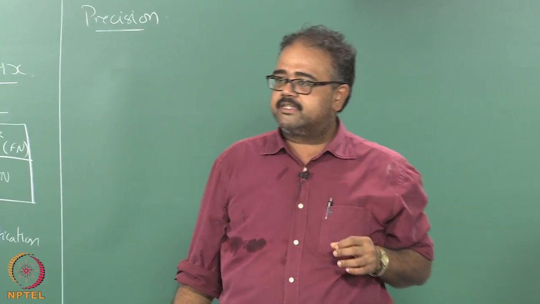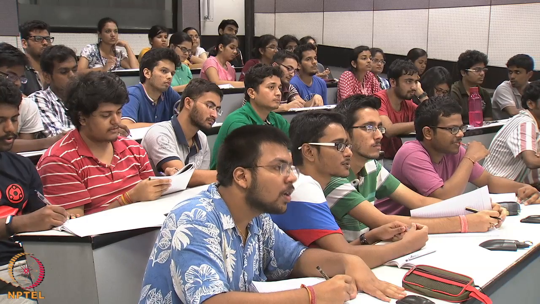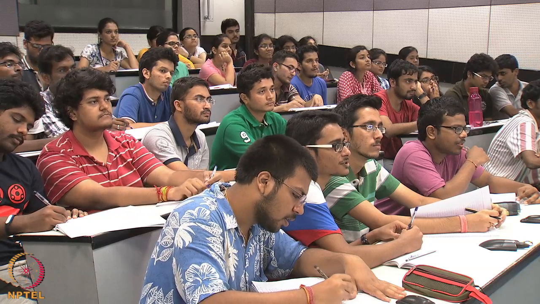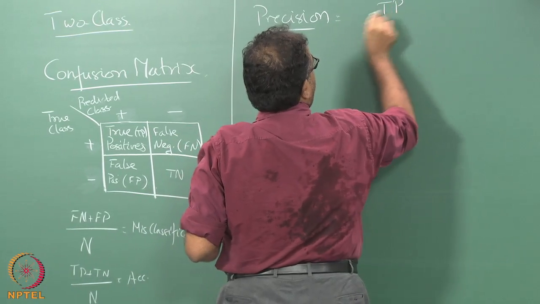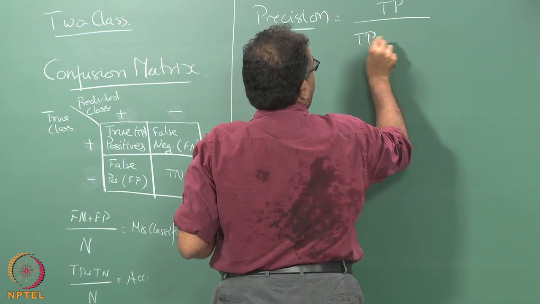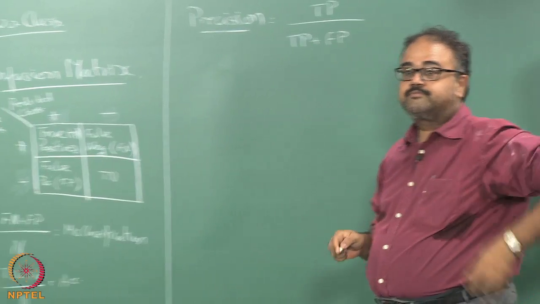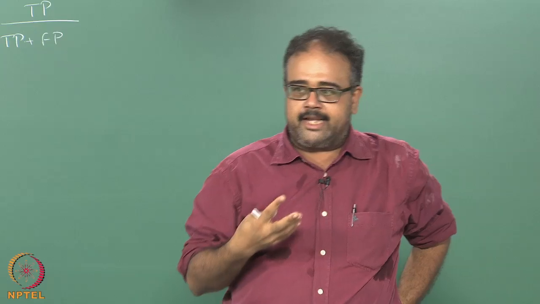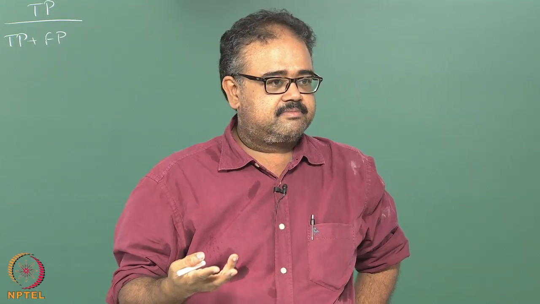Does anyone know what precision is? True positive plus false positive. So what does it mean? The classifier is going to tell you so many data points are of the positive class, right.